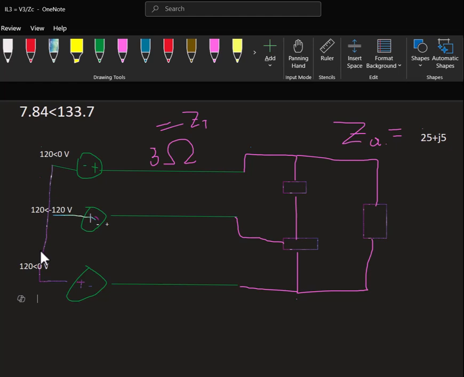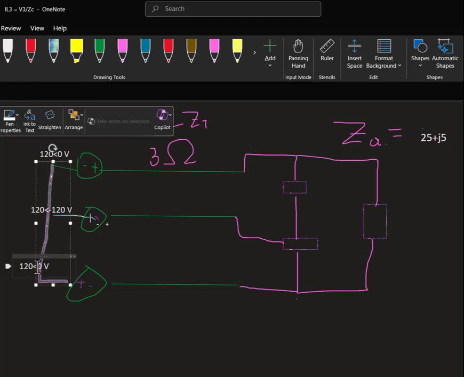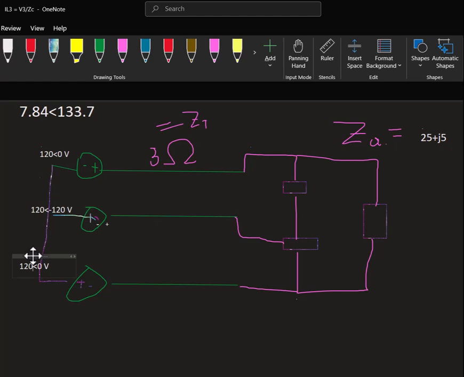We just did that: the current was V over Z. We can't do that here because the voltage across Z A, for instance, is not 120 angle 0. So what we have to do is convert it into a Y topology.